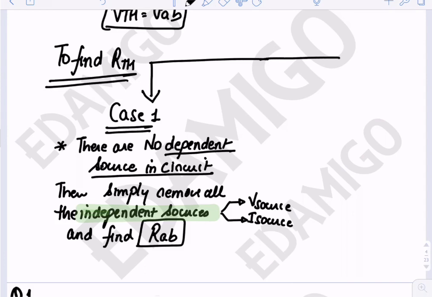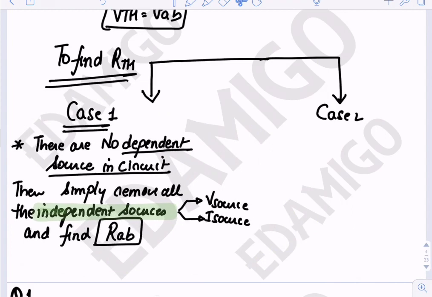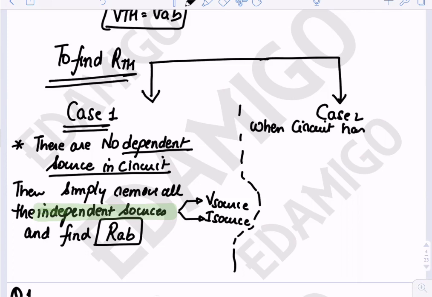Now let's look at case 2. So case 2 is when the circuit has dependent sources.